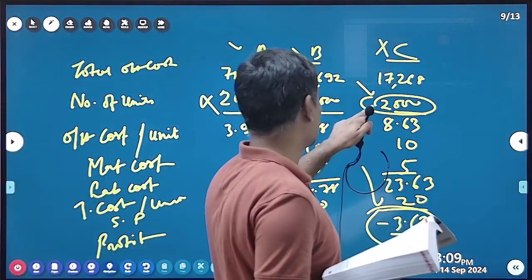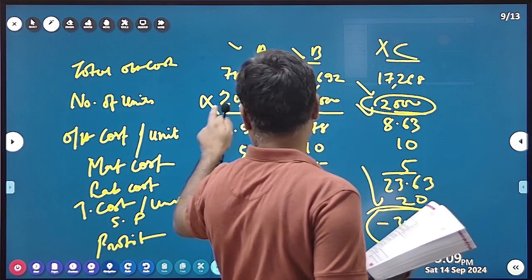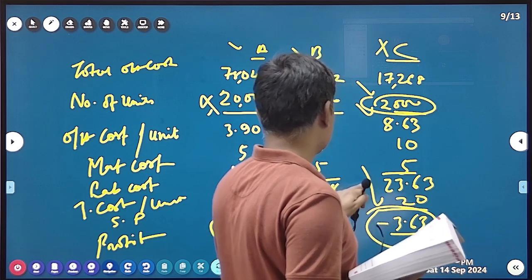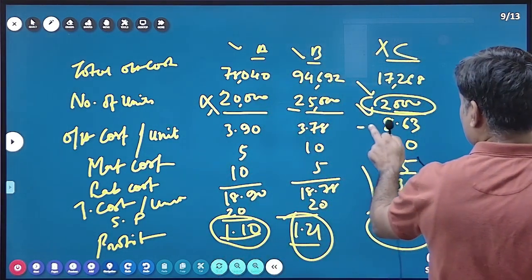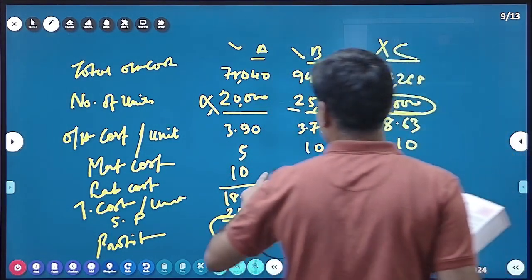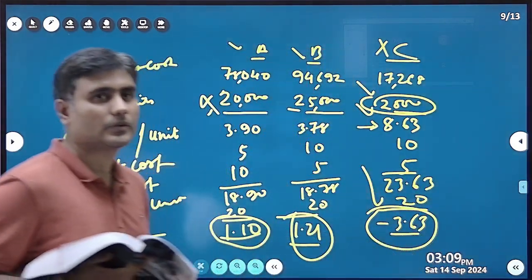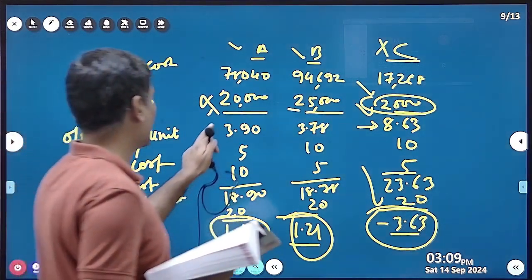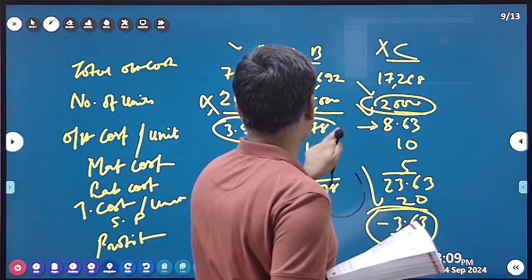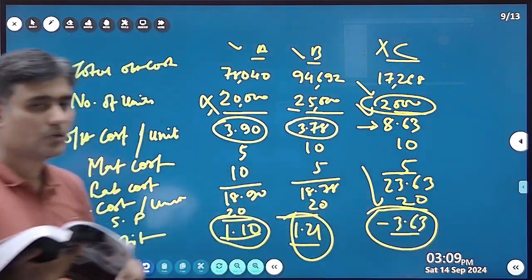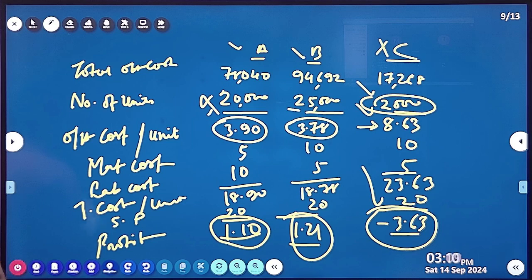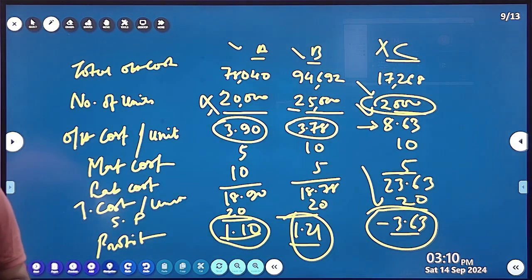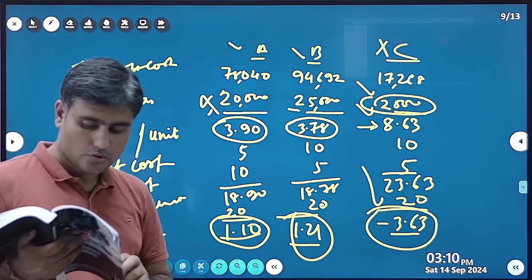Even if it is a low volume product and these are high volume products, you see the overhead cost for C was very high, but the overhead cost for A and B were comparatively low. So ABC costing imposes punitive overhead on products which have low volume.